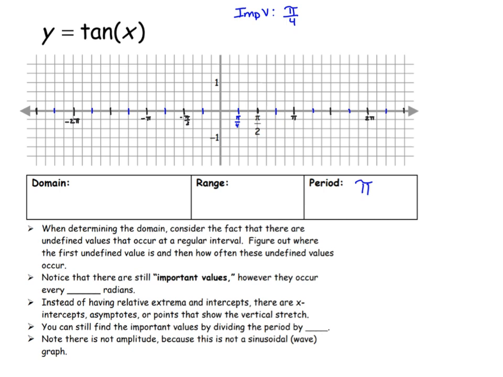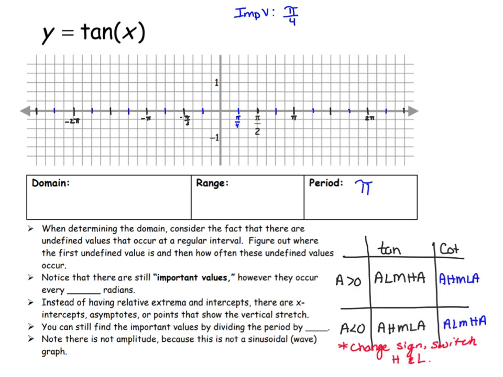Okay. Something else that we have to understand is that there's an actual pattern to tangents, and that is going to be this that I just wrote down a couple seconds ago.